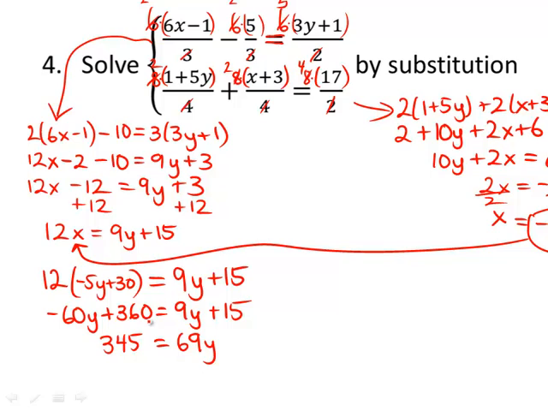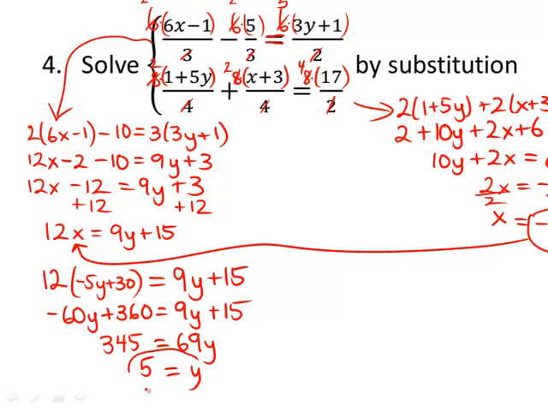Now let's see what 345 over 69 gives us. And that actually nicely gives us a 5. Note that sometimes you can simplify it into a fraction if needed, but in this case it simplifies to a whole number.